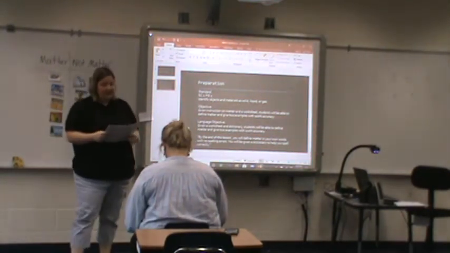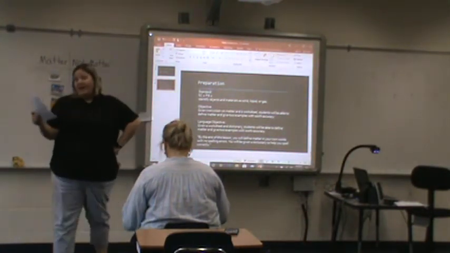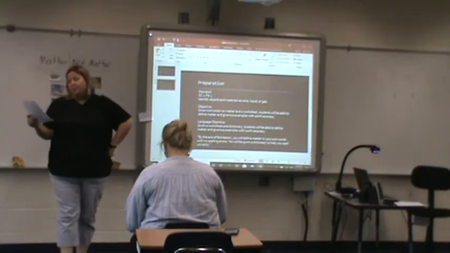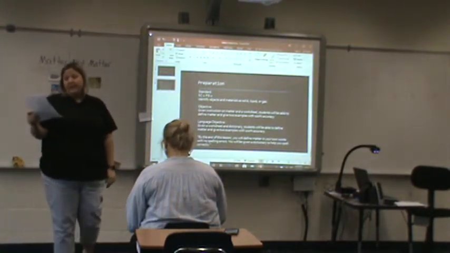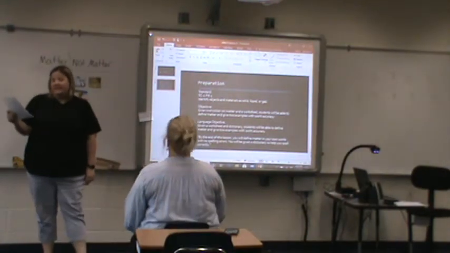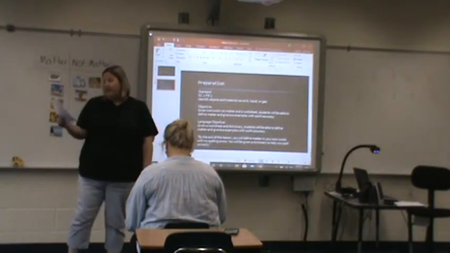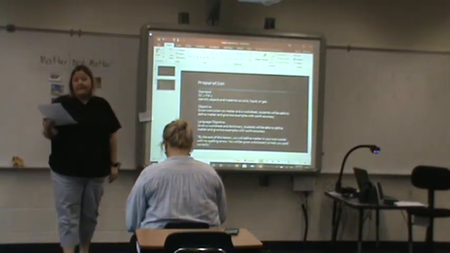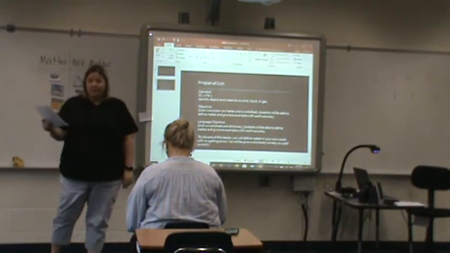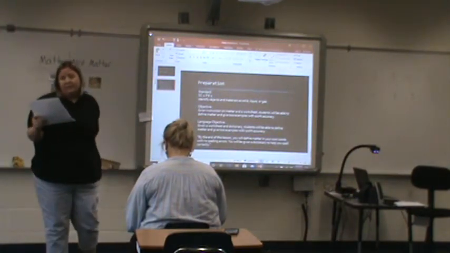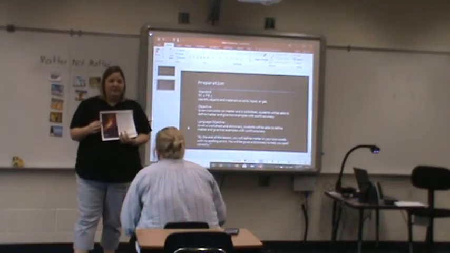All right, next page. It says liquid is another state of matter that is common in the world around us. The most common liquid is water. Liquid is matter that takes the shape of its container and flows freely. Liquids include juice, milk, water, shampoo, honey, syrup, and so much more. Do you see a liquid in this picture?